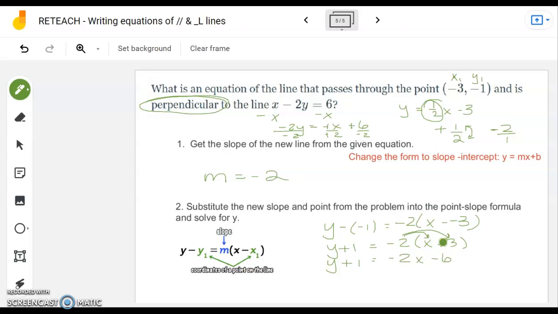And then to continue to solve for y, I need to subtract 1 from both sides. And our new equation is going to be y equals -2x minus 7. So this is going to be the equation of our new line that is perpendicular to this one and passes through that point. Now it's going to be your turn to show me you can do this.